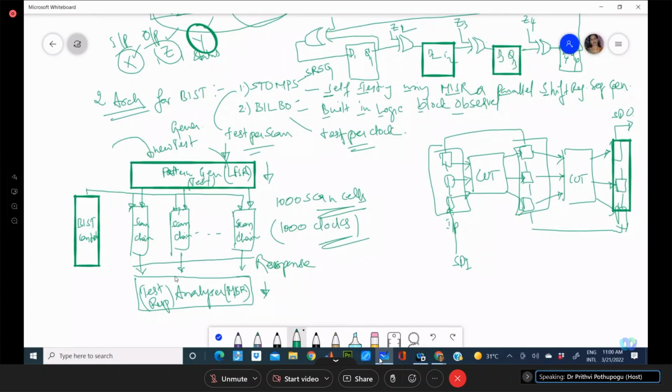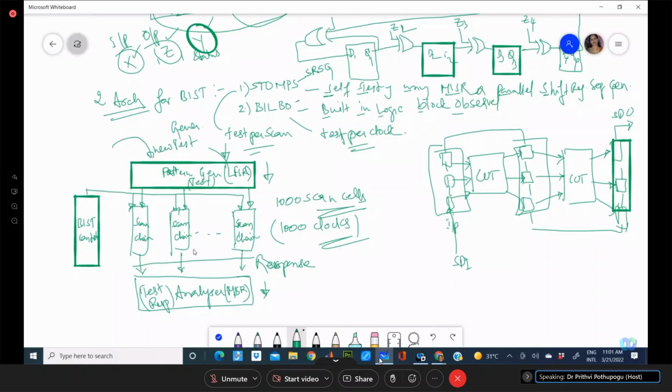You can visualize this as the number of clock pulses required will be equal to the number of flip-flops. The number of clock pulses needed will be equal to the longest chain.